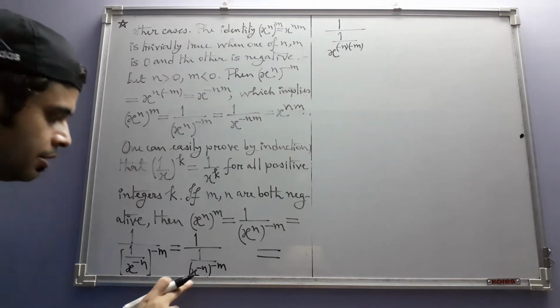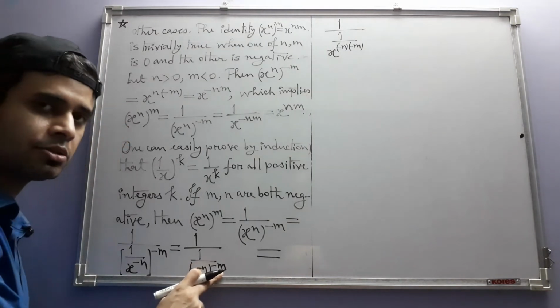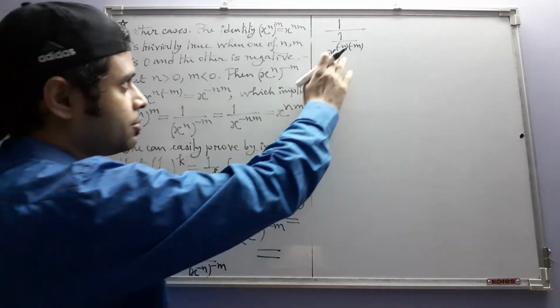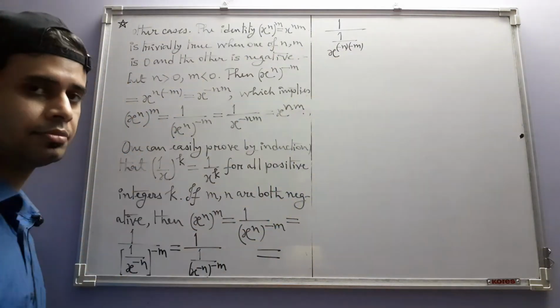Why? Because minus n is positive, minus m is also positive. So this is equal to this, the bottom term.